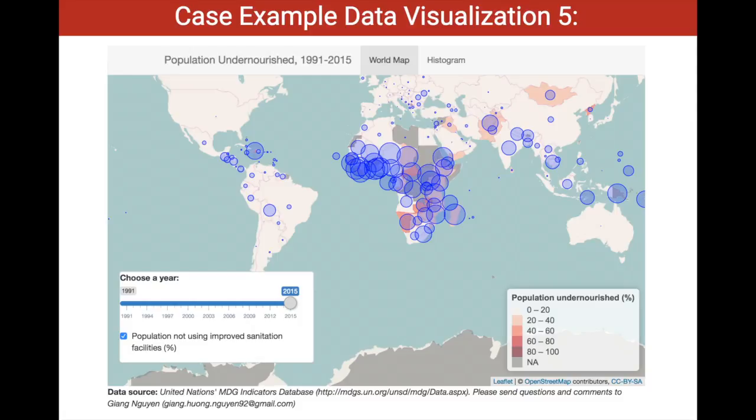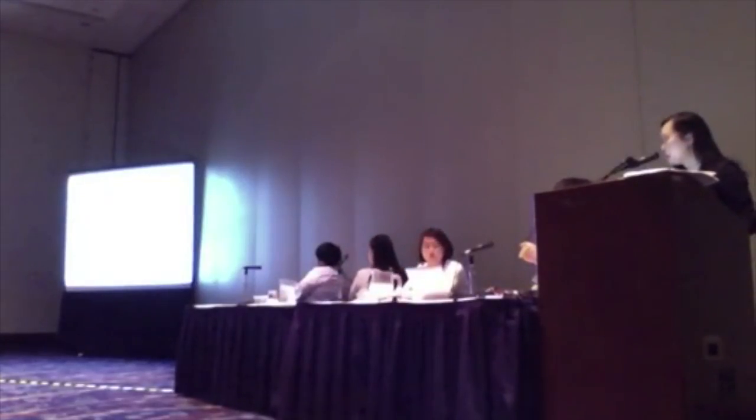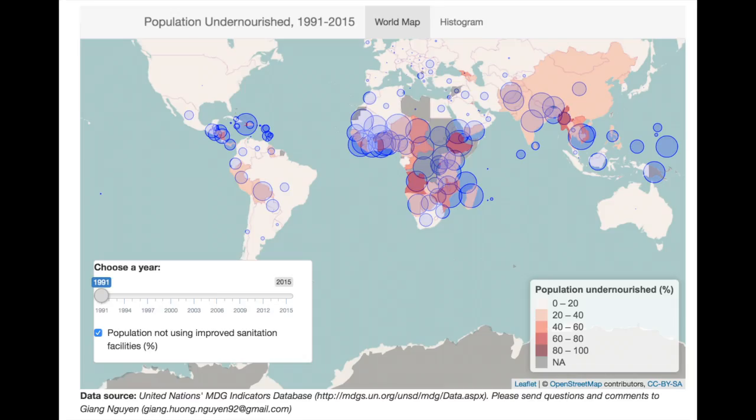The viewers can actually change the slider of the year to see the population undernourished over a 15-year course from 1990 to 2015. So I'm going to go back to the first year here, which is 1991. And we can see that the population of Africa seems to be suffering the most during that period.